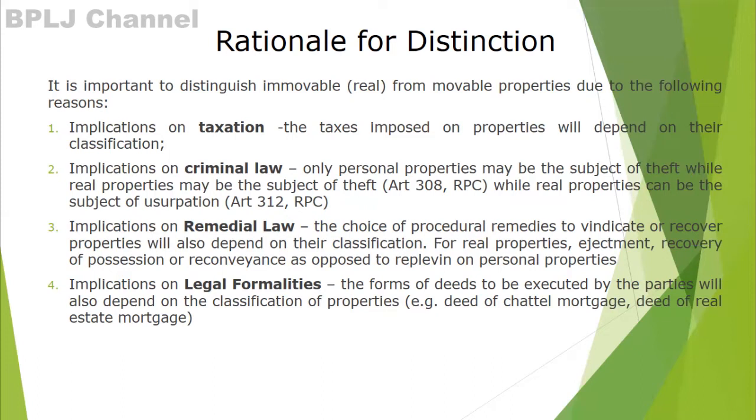On the other hand, real properties for purposes of criminal law can be the subject of usurpation under Article 312 of the Revised Penal Code. They cannot be the subject of theft precisely because you cannot take or move a real property from one place to another.